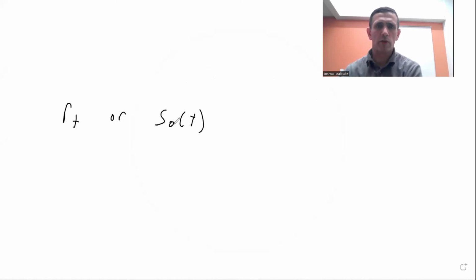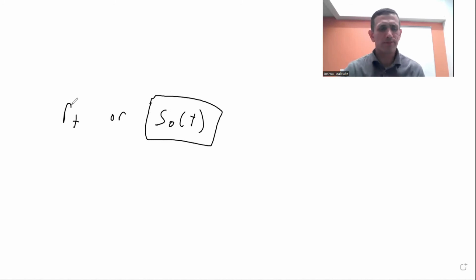The 0 means we're investing money now and then letting it sit for T years, and T is just T. So if you see this, that's spot rate, S for spot.